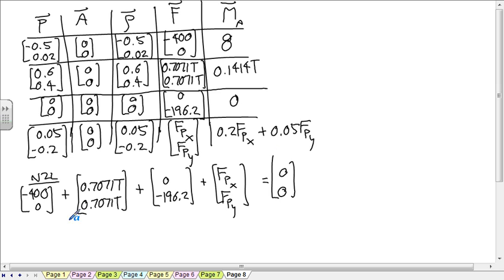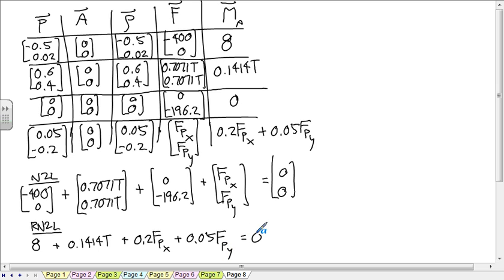And the rotational equation says 8 plus 0.1414 T plus 0.2 FPX plus 0.05 FPY is equal to 0.